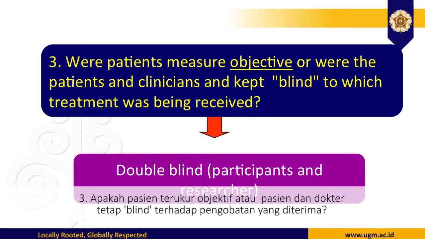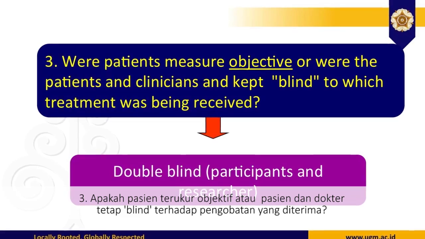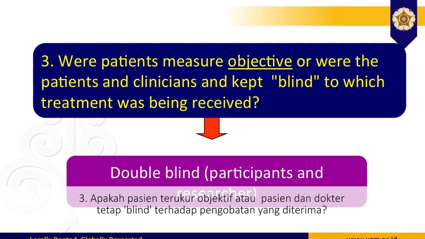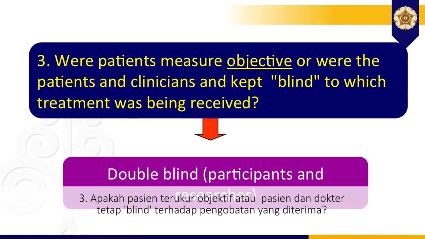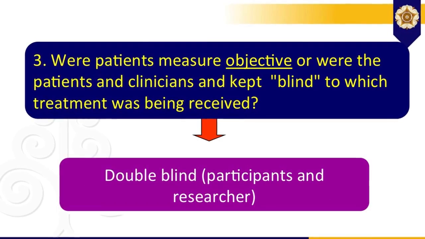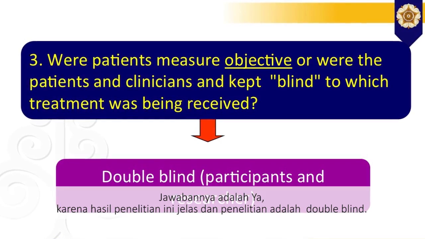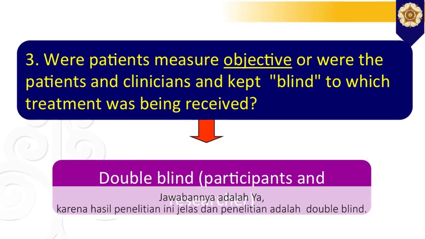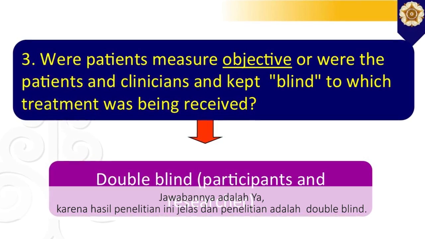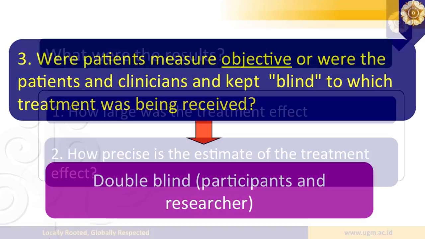3. Were patients measured objectively, or were the patients and clinicians kept blind to which treatment was being received? The answer is yes, because the outcome of the study was clearly defined and the study was double-blind.